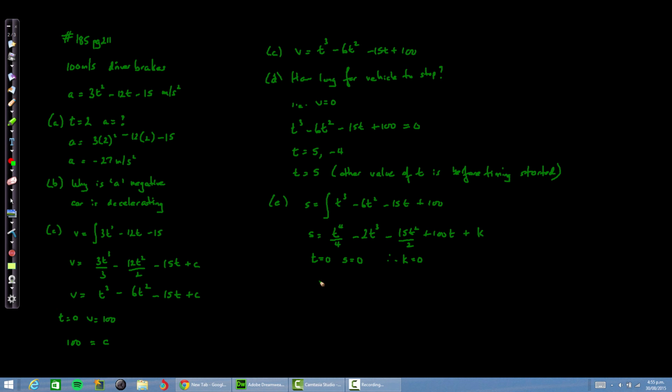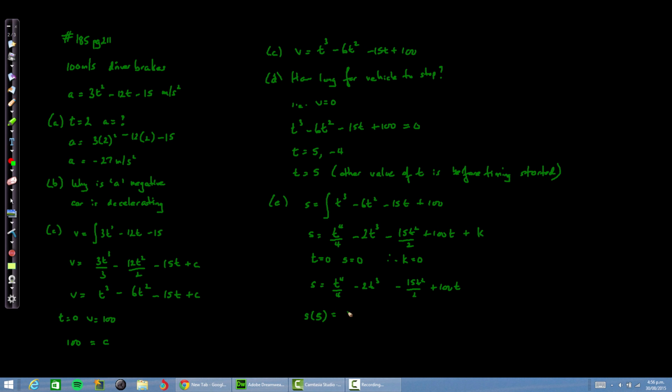Okay, so therefore we've got our displacement equation where the constant at the back was just 0. Okay, and the last part of that question was how far the vehicle travelled from applying the brakes until stopping. Well, we know it stopped after 5 seconds. We got that from the answer to D. Okay, and therefore when we substitute 5 into the displacement equation, which is what this means, then we've got to put the 5 into here.